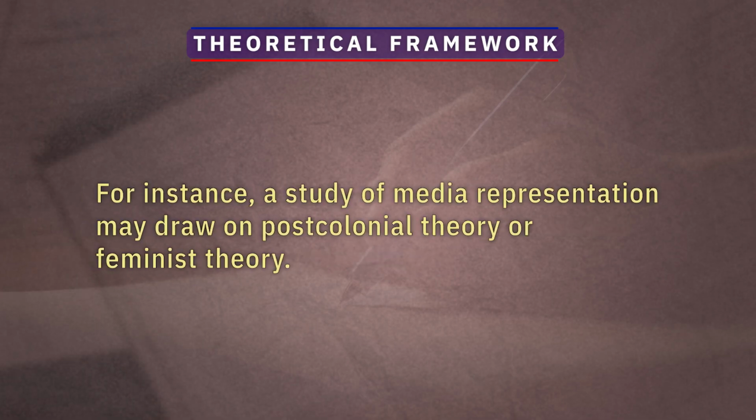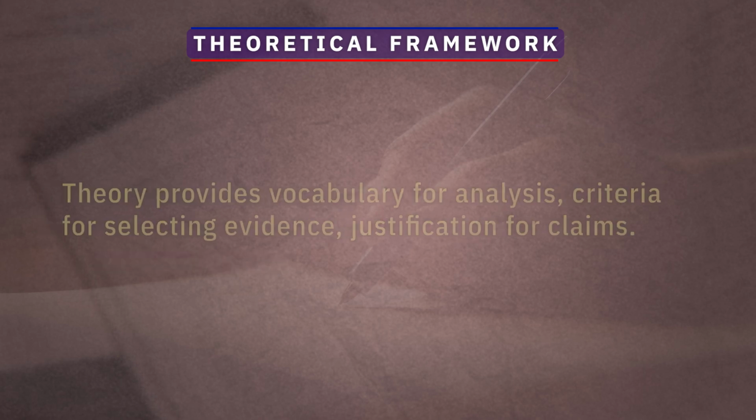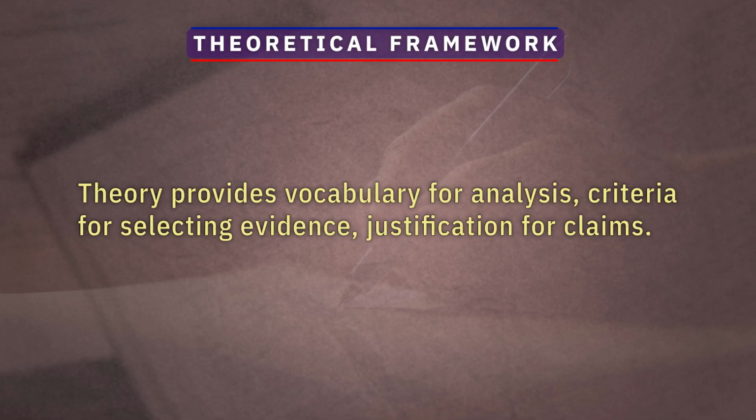So for instance, if there is a study on media representation, then it could draw on postcolonial theory, or it could draw on feminist theory. Theory, in other words, provides a vocabulary for analysis, and it is an important criterion for selecting evidence. Also, it helps us to justify our claims. Our claims cannot be unfounded.